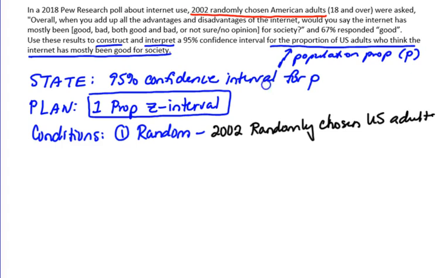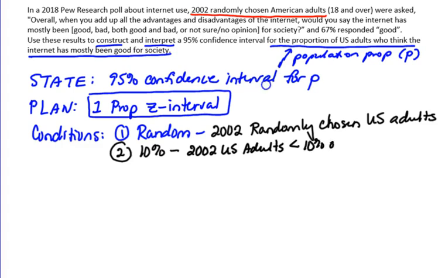Okay, so this condition has been satisfied. Number two is the 10% condition. And that is saying, is the sample less than 10% of the population? This is common sense. We can clearly say that 2002 U.S. adults is less than 10% of all U.S. adults. Okay, common sense here.